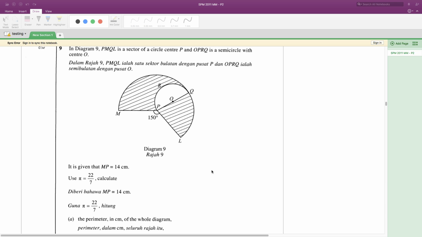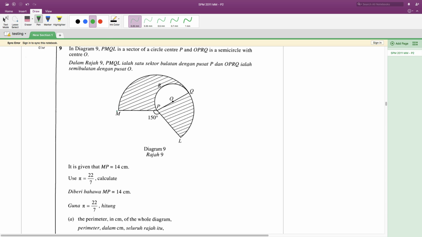Find the perimeter of the whole shaded region. So first I must get all the lengths here. Whenever the question says shaded region, it means this part plus this part plus this part plus this part plus this part. This is all the part I shaded in green, the shaded region. If you understand that, then it's good. Then we will find them one by one.